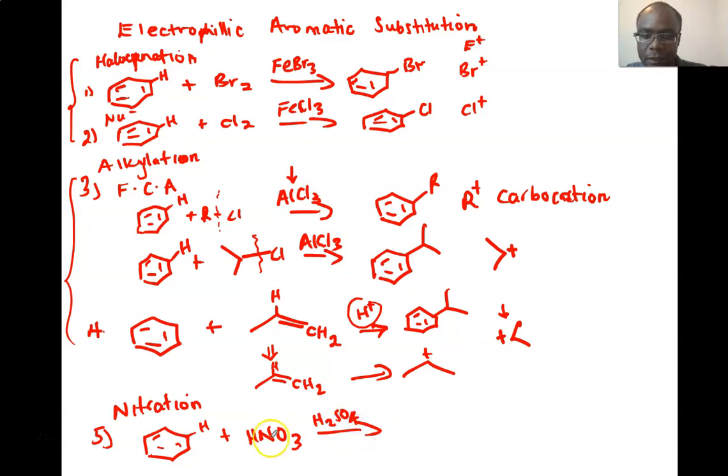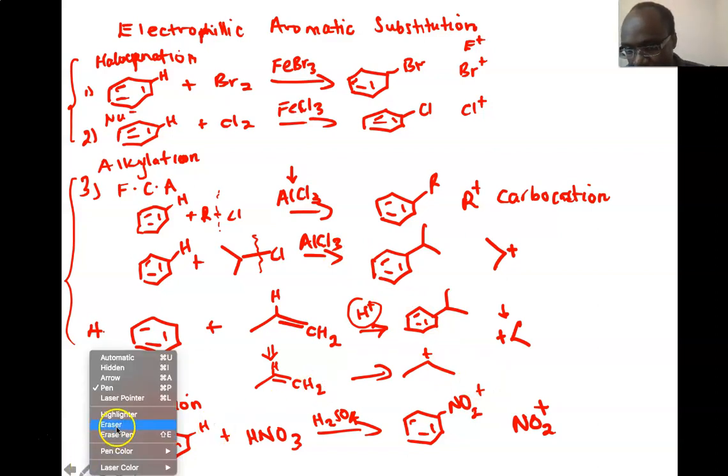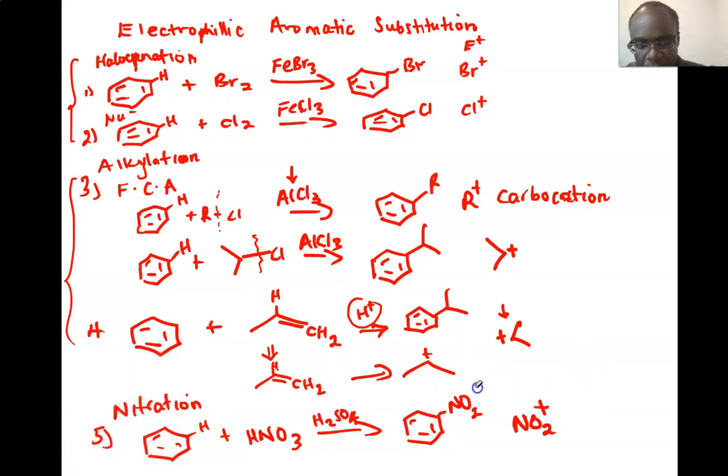When nitric acid and sulfuric acid combine, they give you the electrophile NO2 plus. That's what's going to go on your ring. The plus is not there once it attaches, it's just NO2. I'm just giving you a summary. So that's nitration, you're adding NO2.